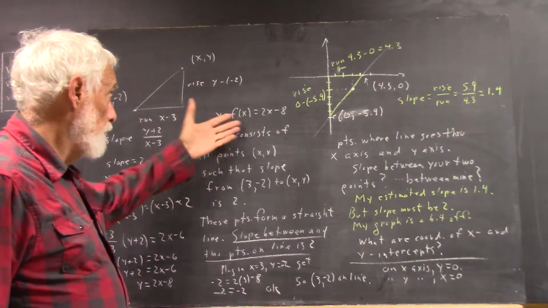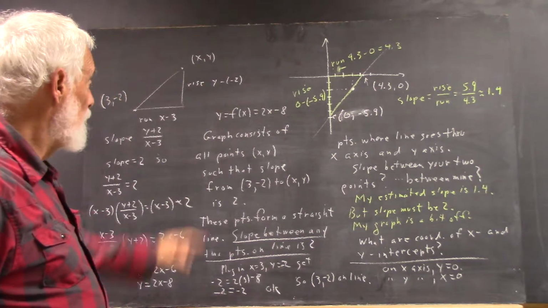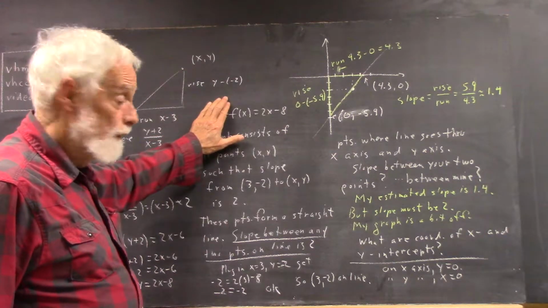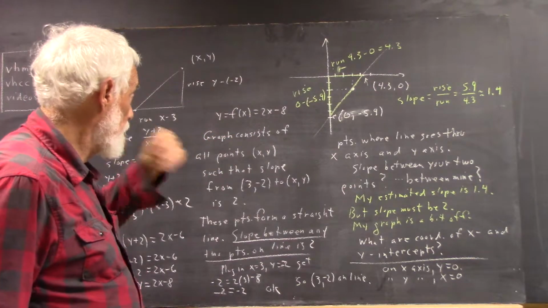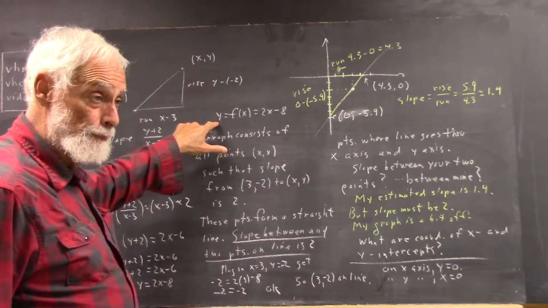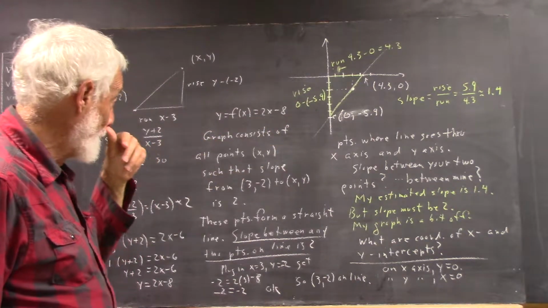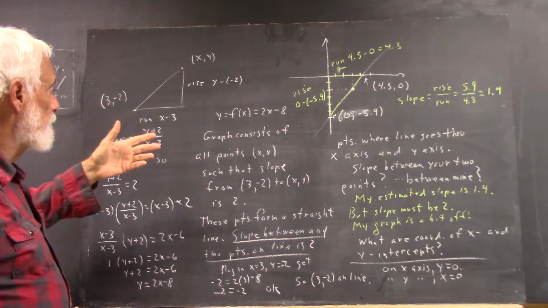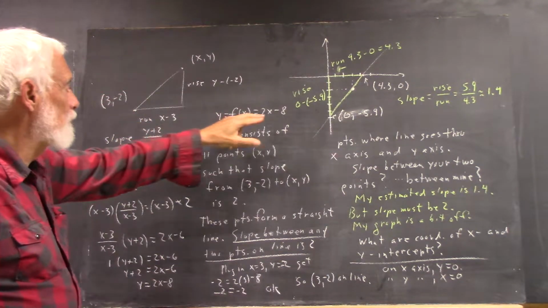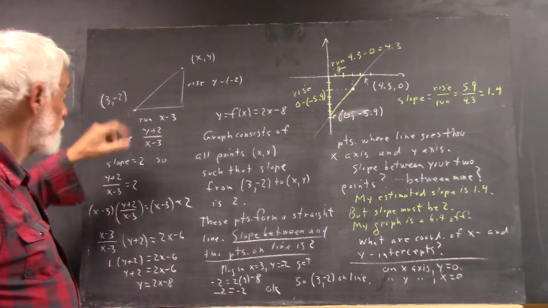Okay, and we use this notation. This then is a function, and this function describes the set of all points y which are equal to 2x minus 8 for some number x. Now if we plot all such points, all of these points lie at slope 2 from the point (3, -2).